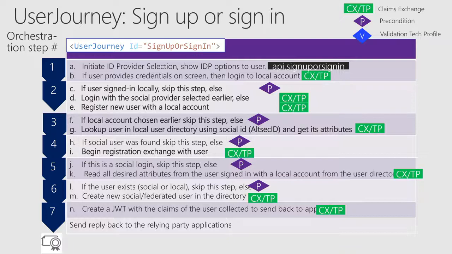In the case of local account sign-in, we go into the directory and try to read all the attributes based on the object ID of the user. The object ID was retrieved in the first step when the user entered their username and password. At that time, we validated the password. So during the validation of the password, the user's object ID is retrieved from the directory. So in the fifth step, all those attributes are read.